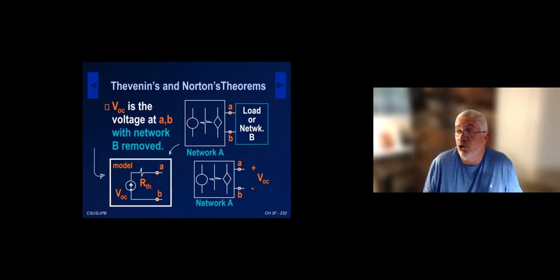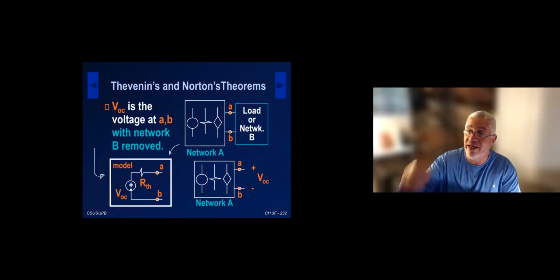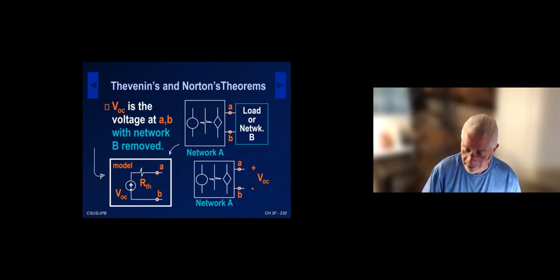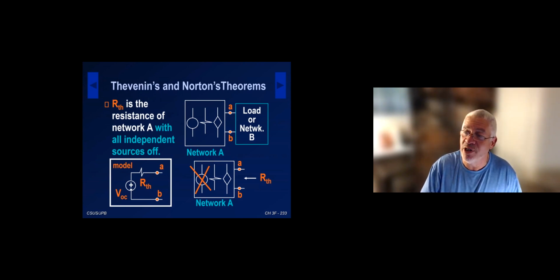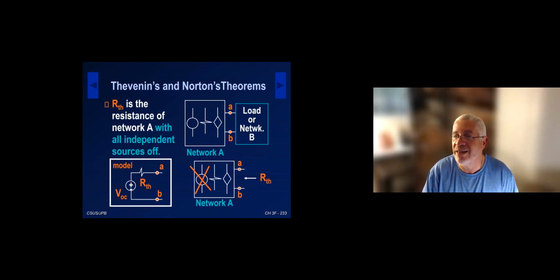It's the original circuit, and we're finding the voltage across terminal A and B. And then when we calculate the Thevenin resistance, we turn off all independent sources. Independent voltage sources turned off become a wire. Independent current sources turned off become an open circuit. And we calculate the equivalent resistance looking into A and B. So these are essentially the steps in finding the Thevenin model.